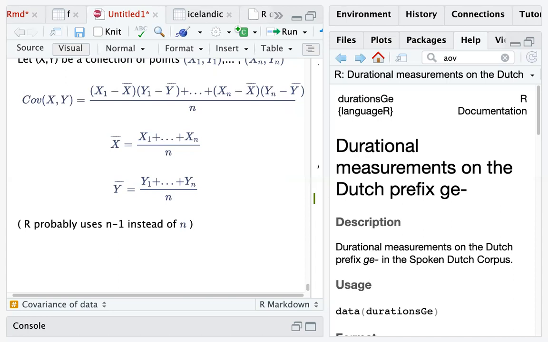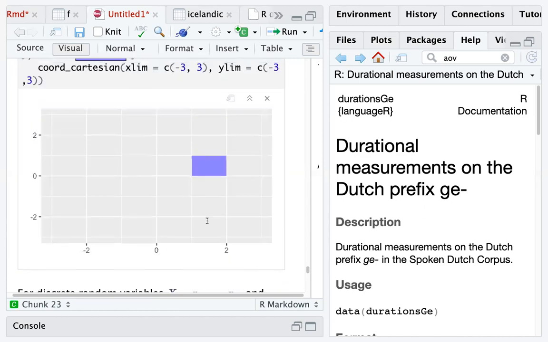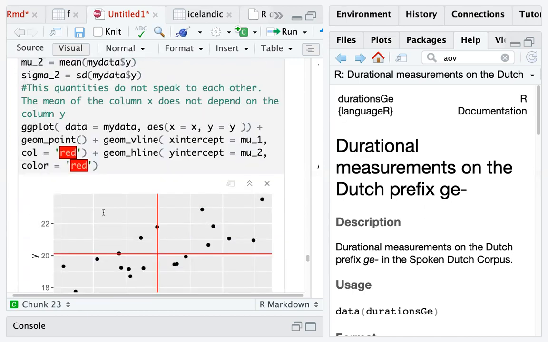Let's see what this formula means. Let's do the same plot as we did before. It was this plot here.